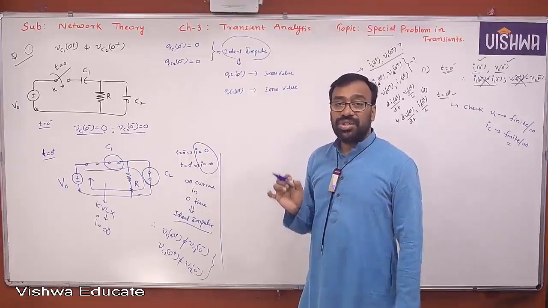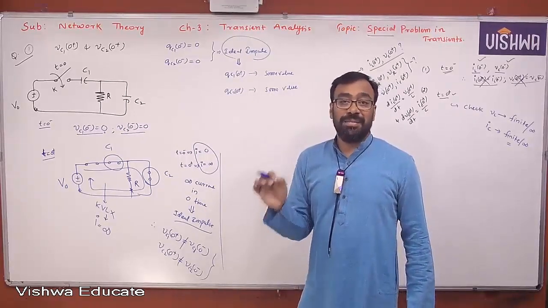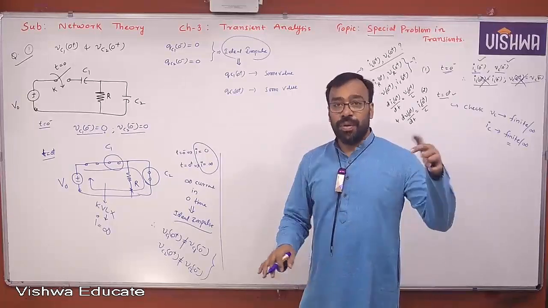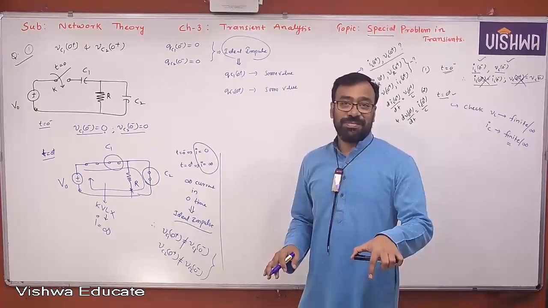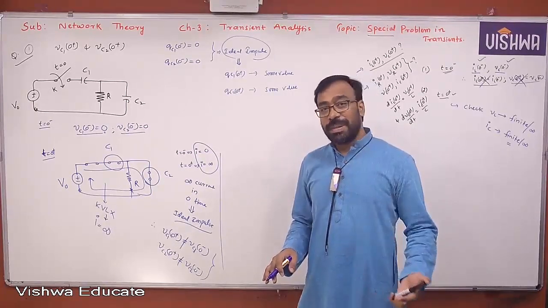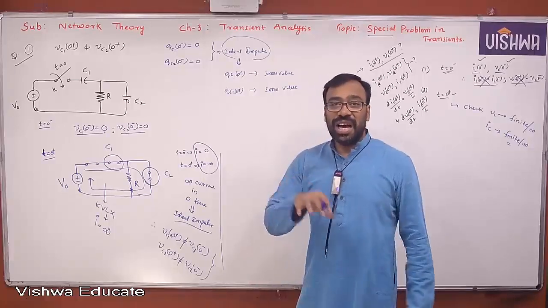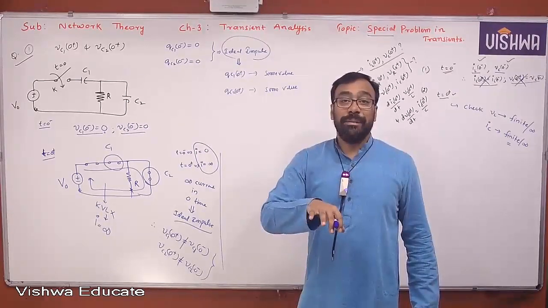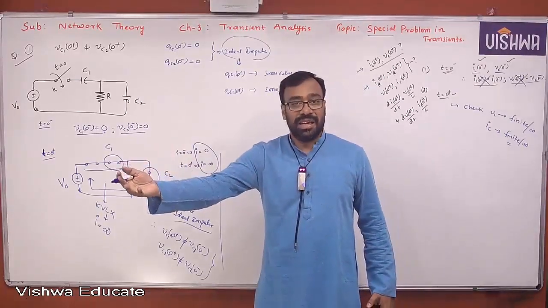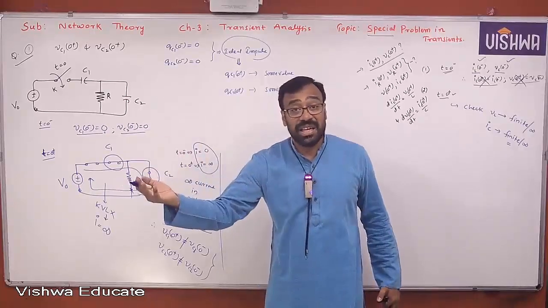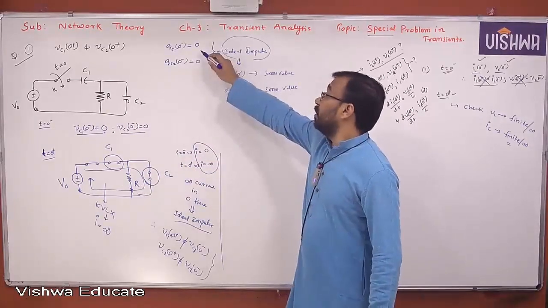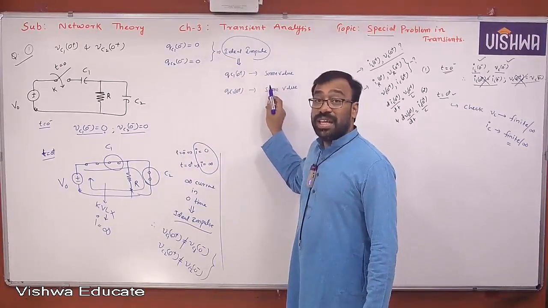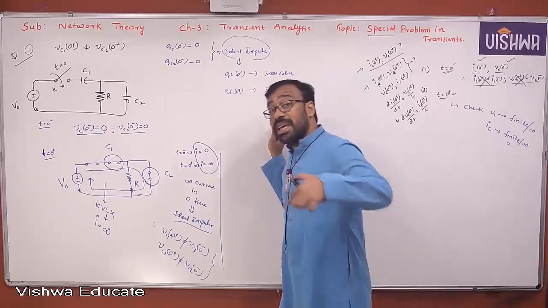Usually the charge of the capacitor may not change instantaneously, provided the current through the capacitor is finite. If the current through the capacitor is an ideal impulse, the charge in the capacitor may change instantaneously. Initially it is 0. Now it is not 0 at t equal to 0 plus, it is something else.